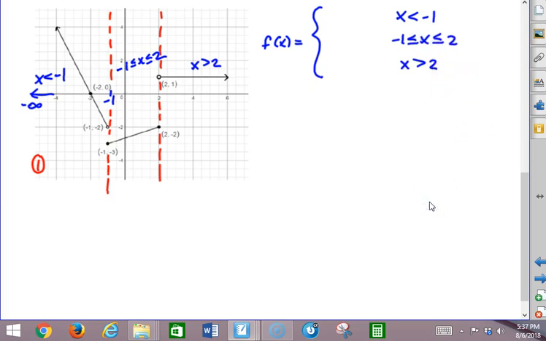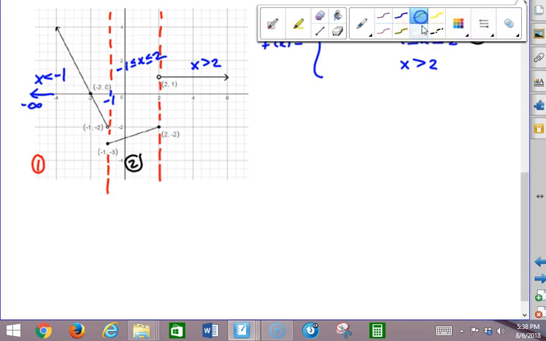Okay, so section number 1, I'm going to number, this is number 1. Then we'll do number 2 is this one, and then I'm going to use a different color for number 3. So here's section number 2, and then section number 3 I'm going to use a different color.